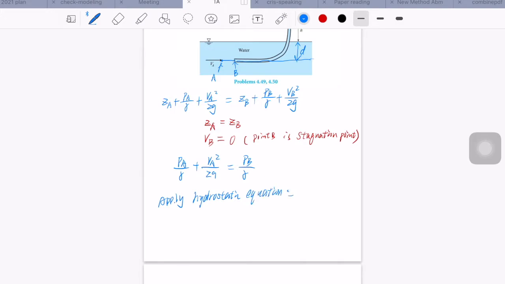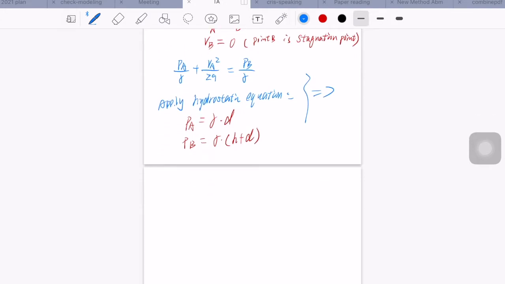So we have that PA should be equal to gamma times D, and PB should be equal to gamma times H plus D. And then we have that D plus VA squared over 2g should be equal to H plus D.